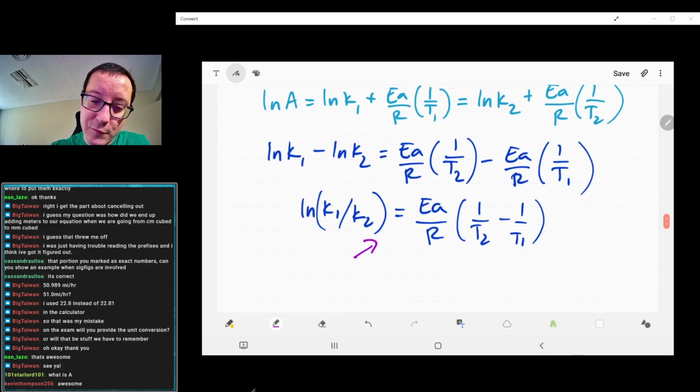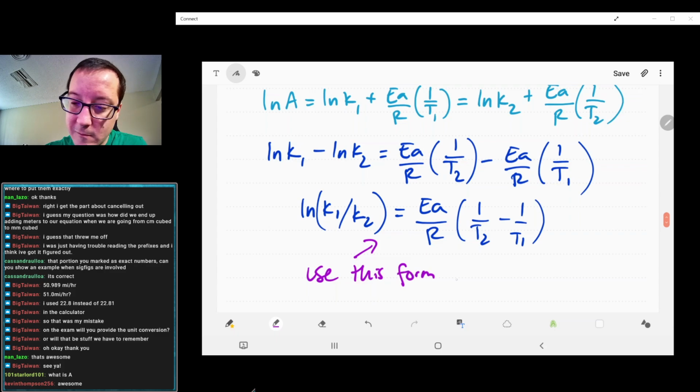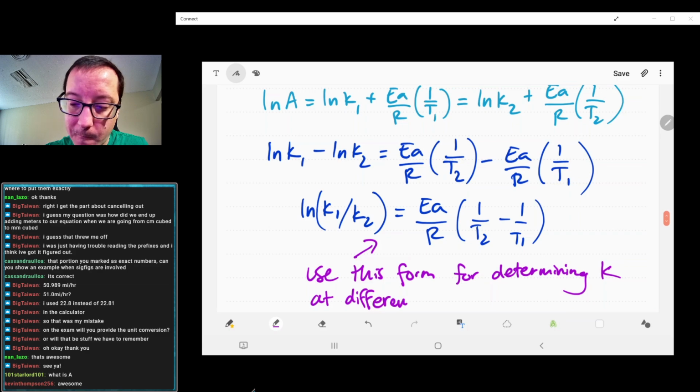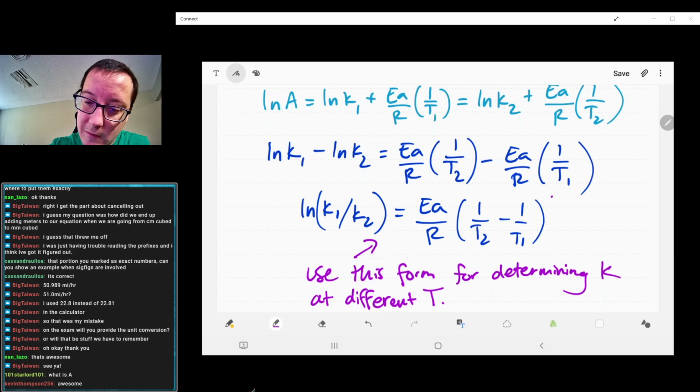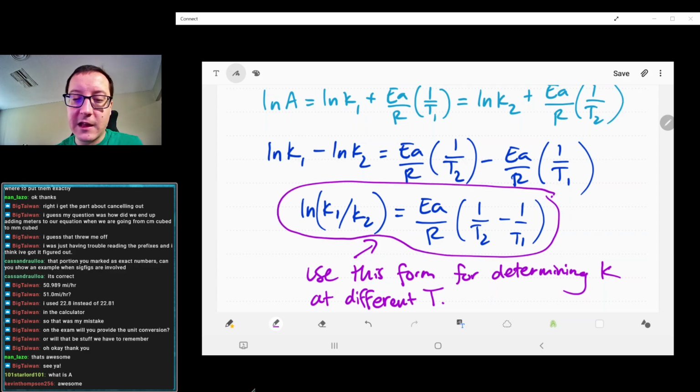You can use this form for determining K at different temperatures. That's going to be one equation that you'll work with.